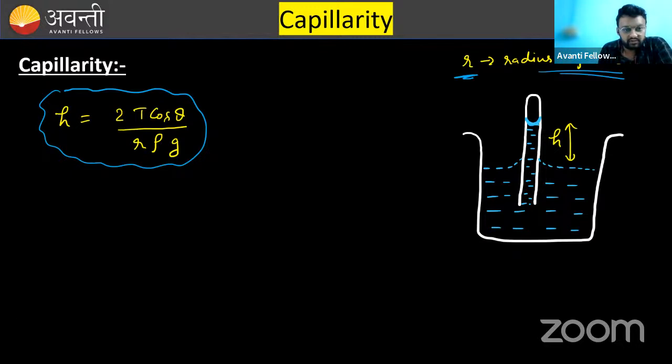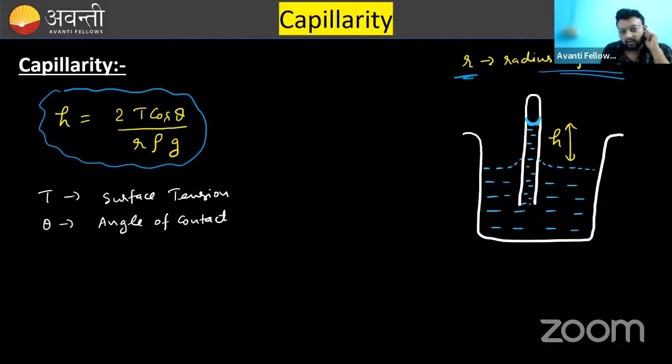You all know that T is surface tension. Theta is the angle of contact. Rho is the density of the liquid.